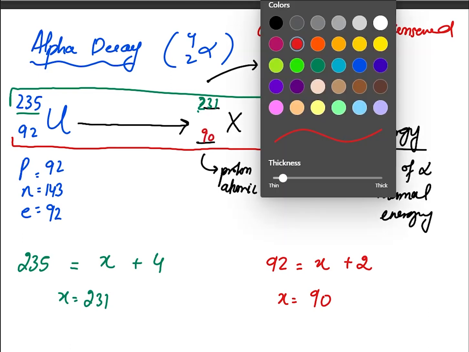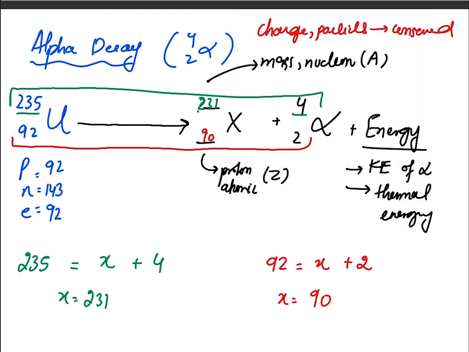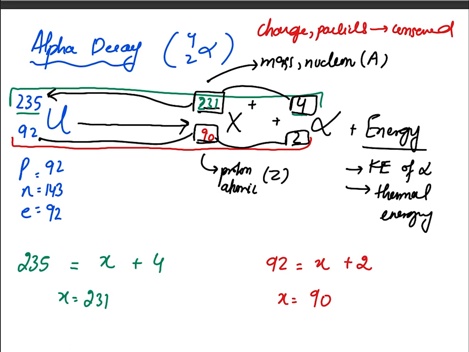Now, just to verify, if you add 231 with 4, you're going to get 235 back again. Similarly, if you add 90 with 2, you will get 92 back again. This is what we mean by saying that the charges and particles are conserved in a nuclear decay process. And this is going to be true for any type of alpha decay.